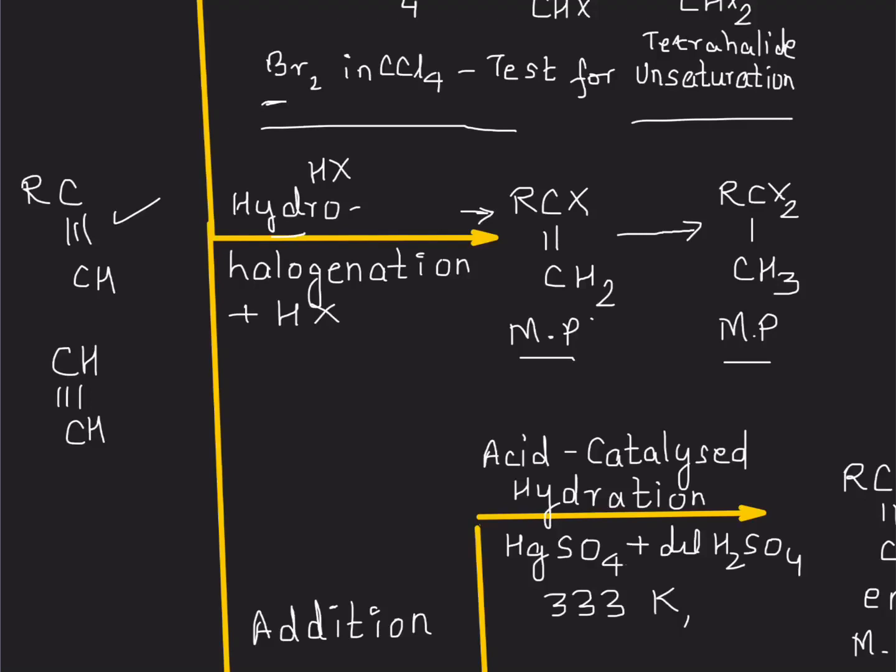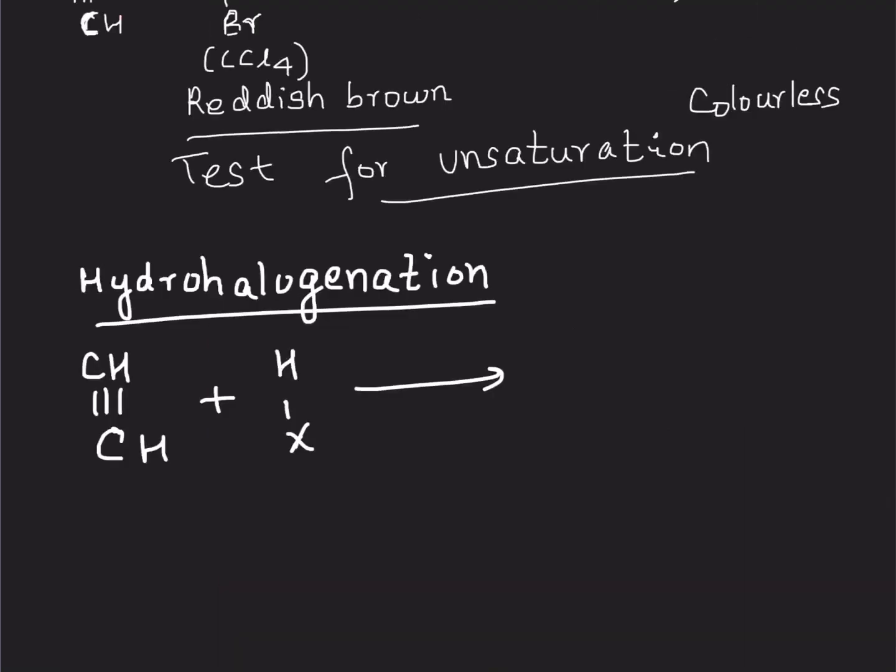You will have to see the curriculum that you are following. So let's start writing the hydrohalogenation reaction, CH triple bond CH. Now if you notice, both the carbon atoms are the same. So our first product is CH2 double bond CHX, right?